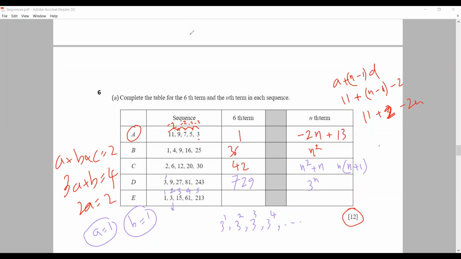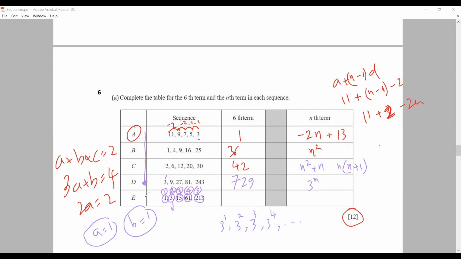I'm trying to figure out a relation between the position of each term and the term inside the sequence itself. However, it's a very tough thing to do right now, but there is a reason, guys. In this type of question, there is a reason they gave you these sequences in this order.